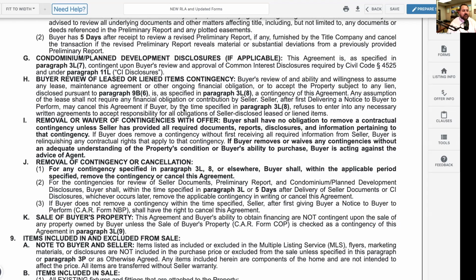So it's understanding. And that's what happens is when a listing agent says, well, you have to remove all your contingencies, but they don't explain to the seller that based on the disclosures, the buyer could still have ways to walk away. They get in trouble with their seller.